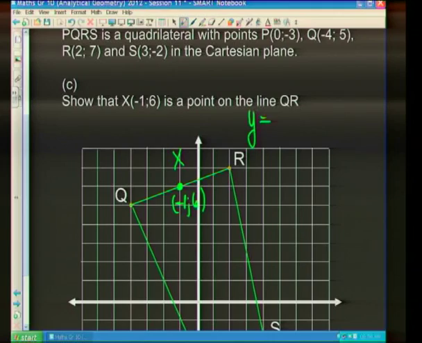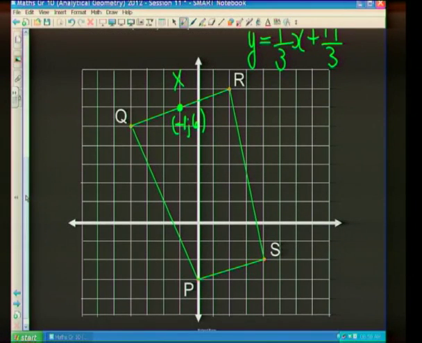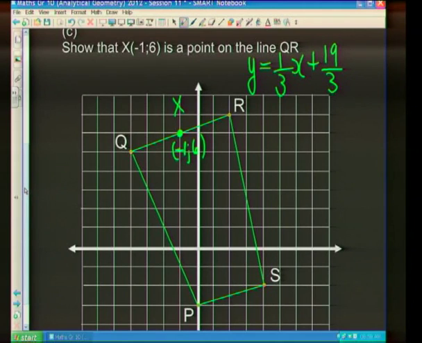So our equation was y is 1 over 3 x plus 19 over 3. Now, if you want, you can make your life a little bit easier by multiplying through by 3. It's no longer in standard form then, but that doesn't matter. So 3y is equal to x plus 19.